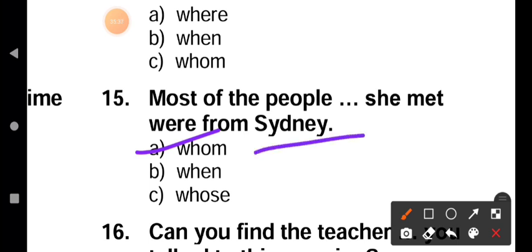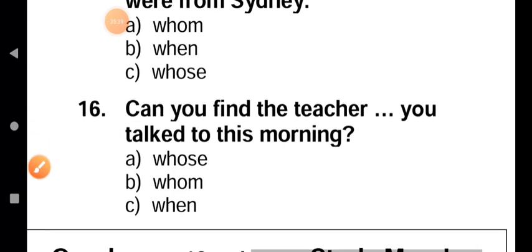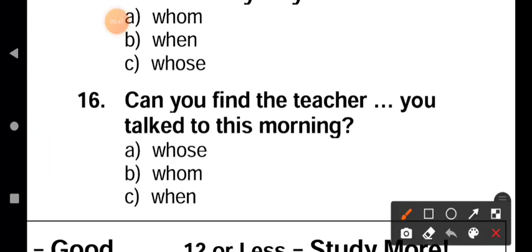And the last one, you should understand. Can you find the teacher? Objective pronoun. Can you find the teacher whom you talked to this morning? Whom you met this morning?